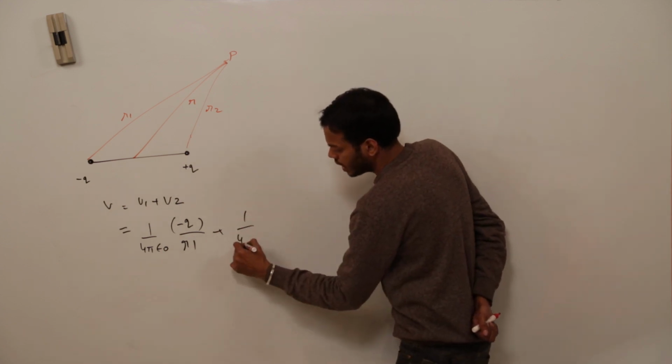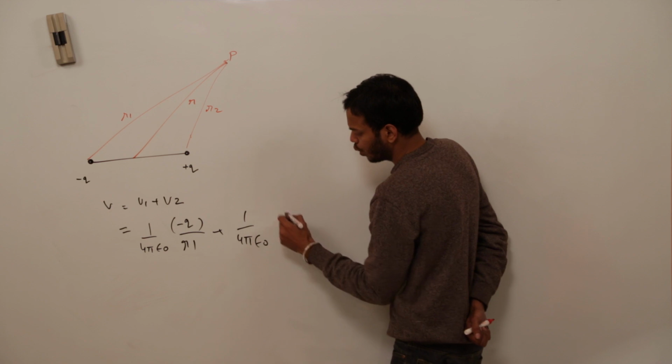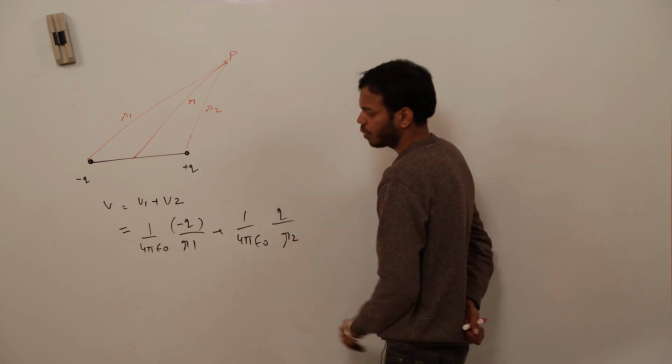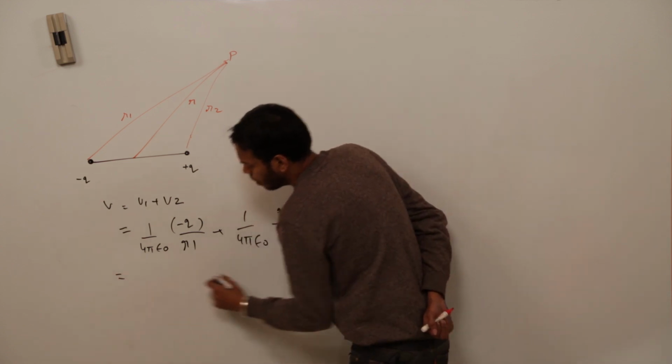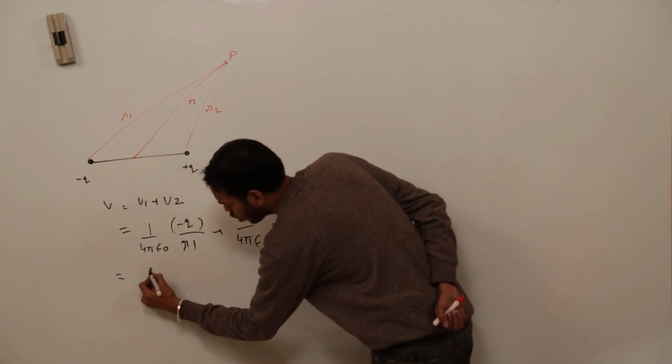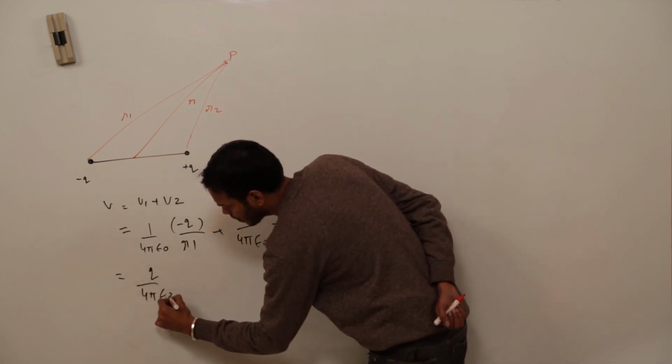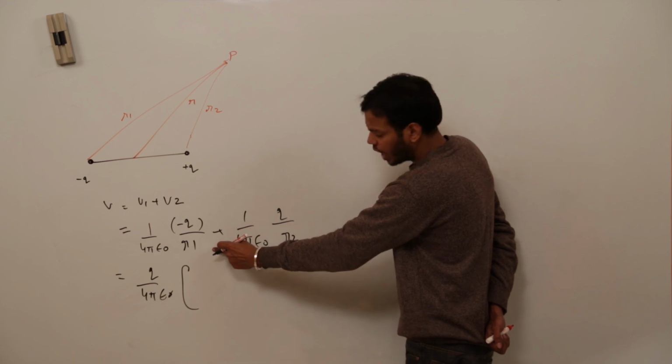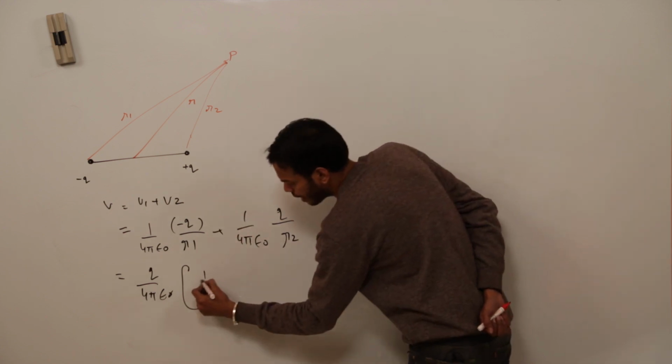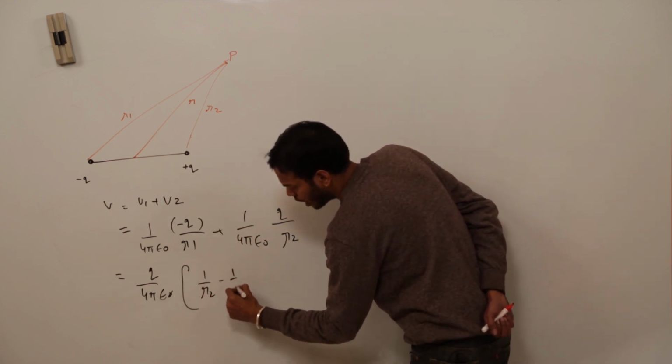Plus k q2 upon r2. Take all these common things out. q upon 4 pi epsilon goes out. You are left with what? Minus 1 upon r1 plus 1 upon r2. That means 1 upon r2 minus 1 upon r1.